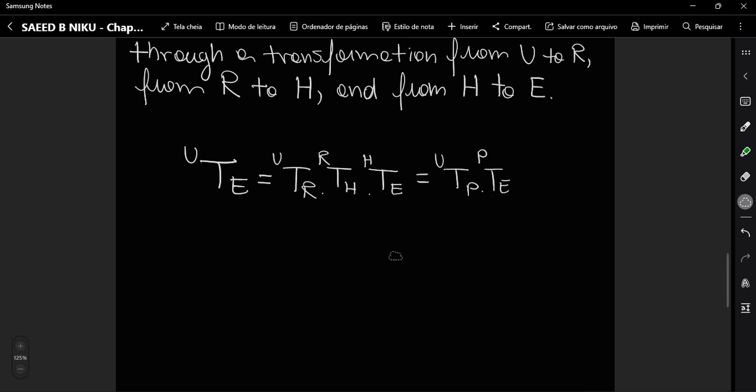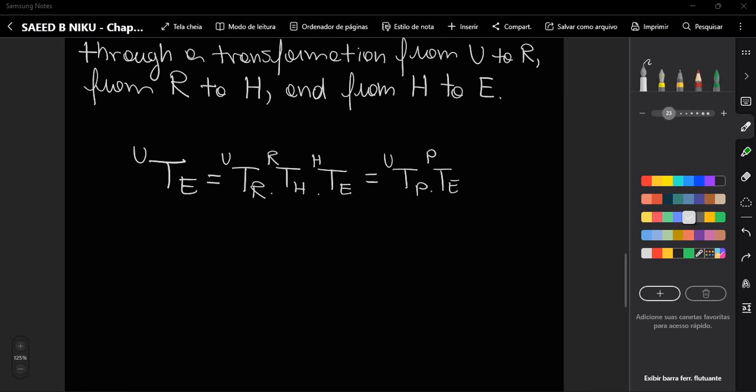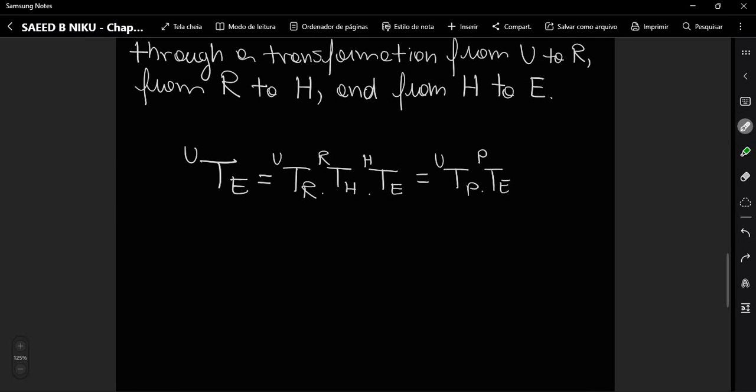And as I told you, each of these notations, they are transformations. And transformations are represented by matrices, which contain coordinates for the robot, like angle.